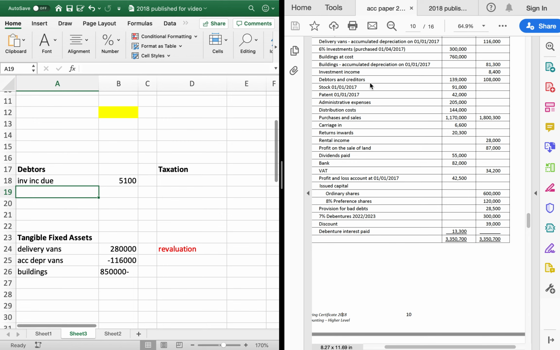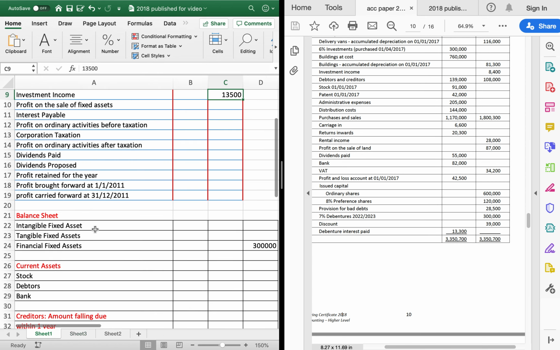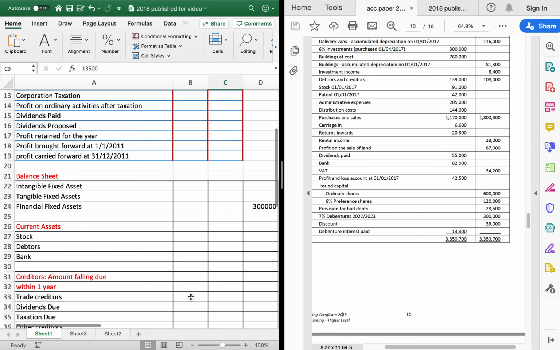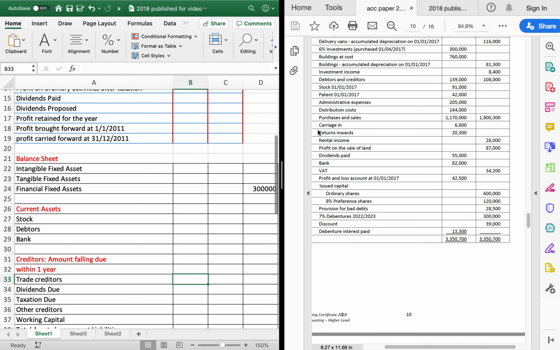Debtors then, 139. Well, debtors will go into debtors. And then you've got creditors. Now, creditors has a spot in its answer. So, trade creditors, 108,000. So that's the only thing that goes into trade creditors. Every other type of creditor goes into other creditors, so that can go straight in.